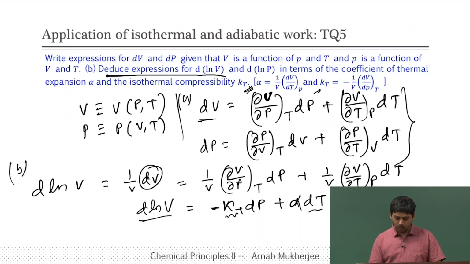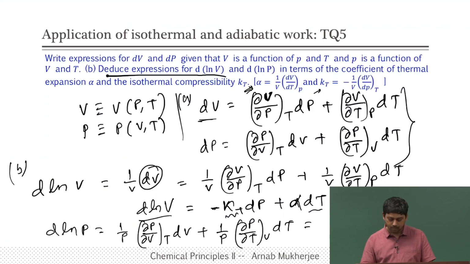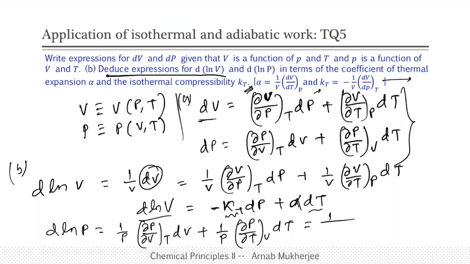Similarly, d ln P one can also write as 1 by P del P by del V at T dV plus 1 by P del P by del T at V dT. Now, here you can see that it is del P del V, just the opposite of what we had. So, del P by del V will be, from this equation, minus 1 by kappa T, so minus 1 by kappa T into P dV, plus what is del P del T?